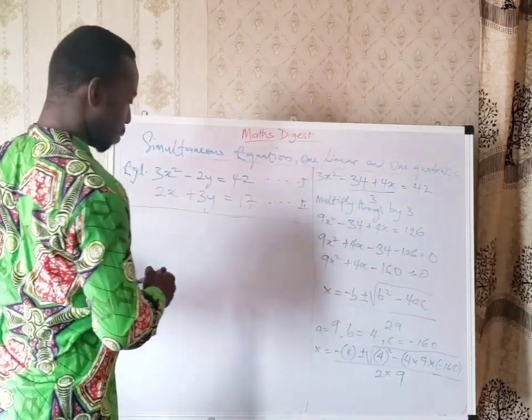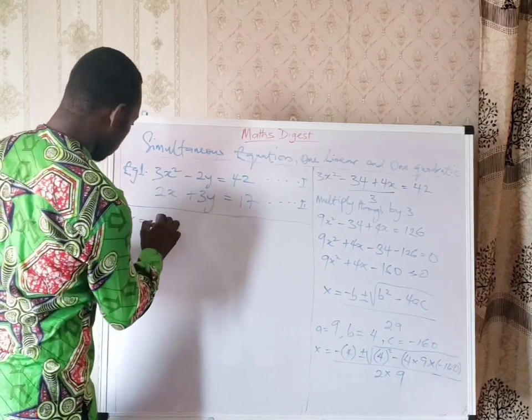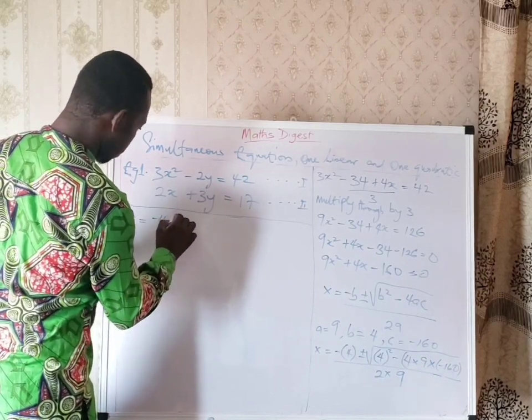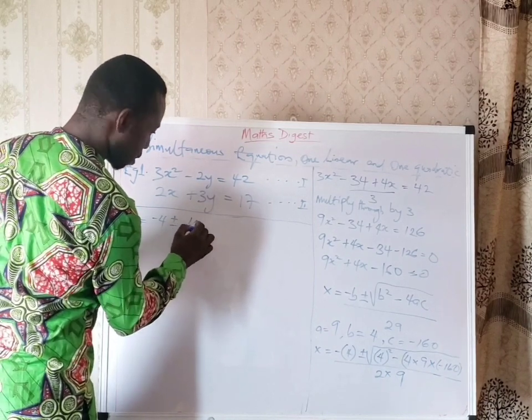Now coming to this side, we say x is equal to minus 4 plus or minus 4 times 4 is 16.